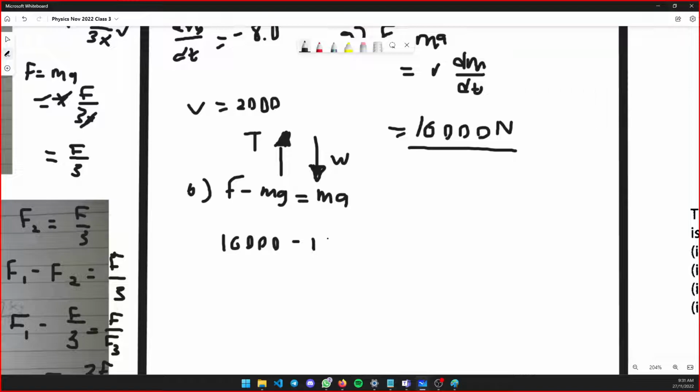We already know the mass of the rocket, which is 1500, and gravity 9.81, equals 500. How much is A? Quickly.